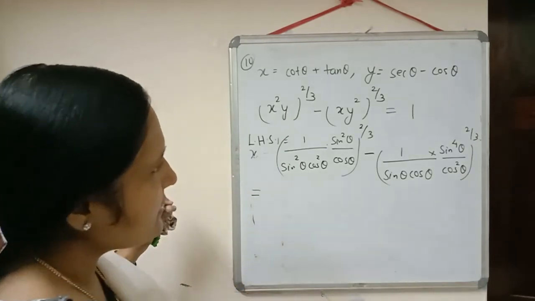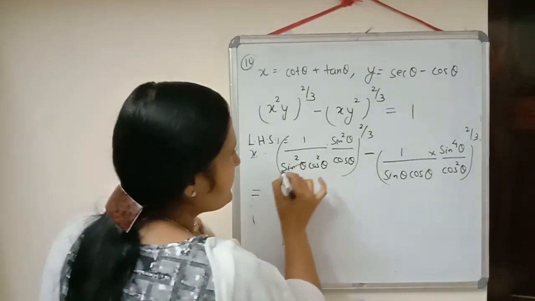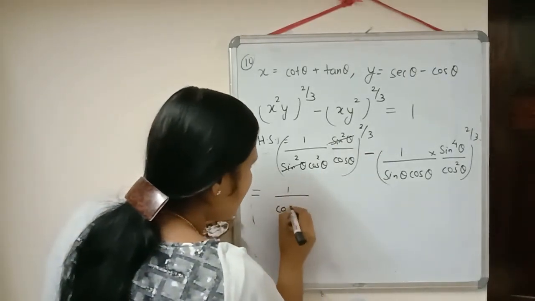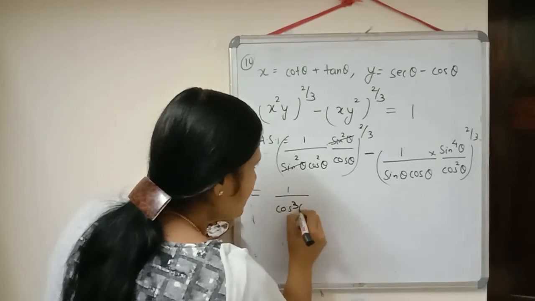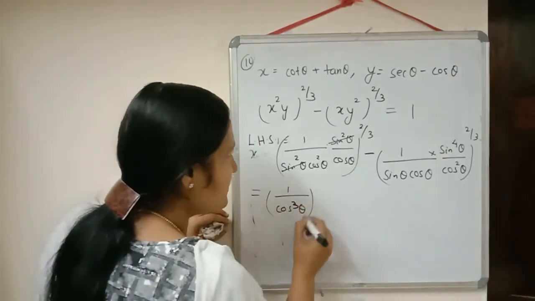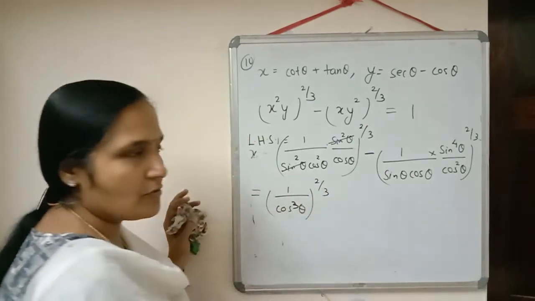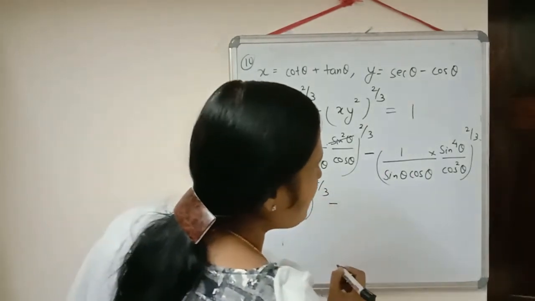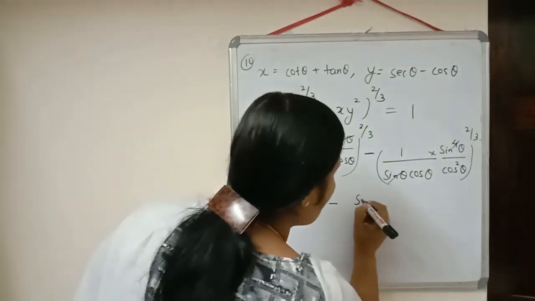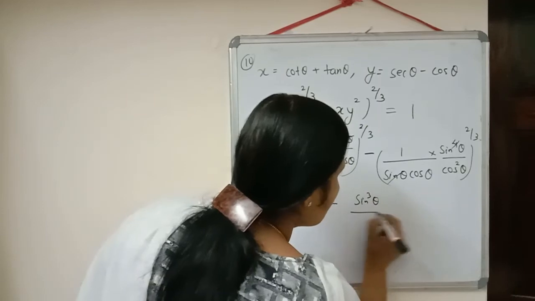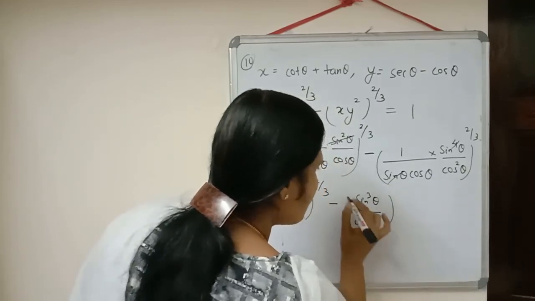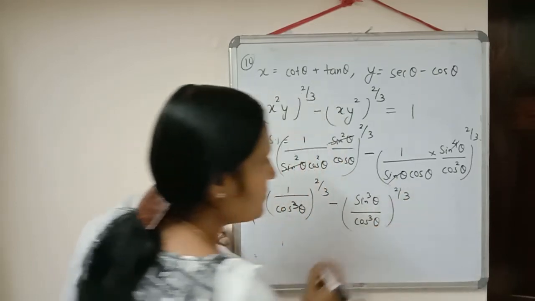Let's check whether anything will get cancelled. Yes, sin square theta is cancelled. So remaining is 1 by cos cube theta, since cos square theta into cos theta is cos cube theta, whole raised to 2 by 3. Minus, here 1 sin theta will get cancelled, so remaining is sin cube theta by cos theta into cos square theta, which is cos cube theta, whole raised to 2 by 3.